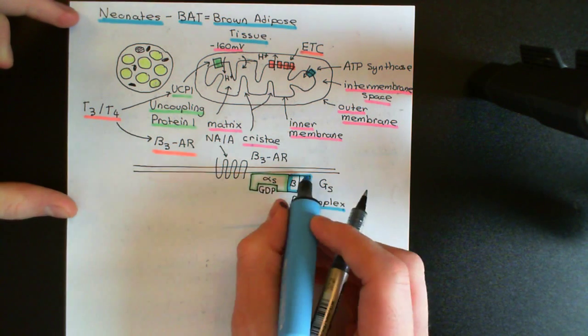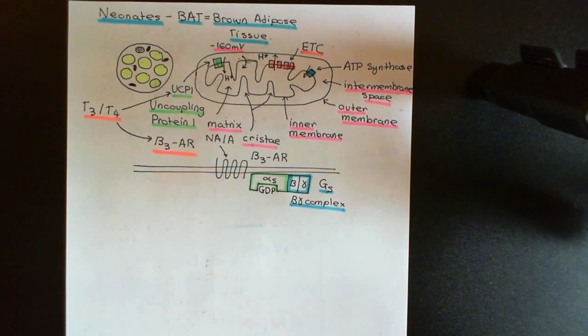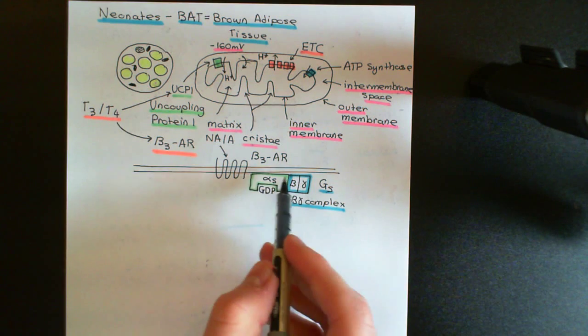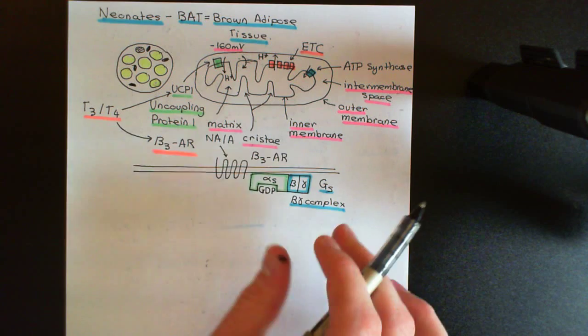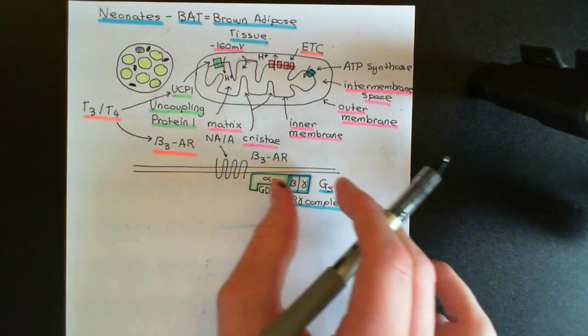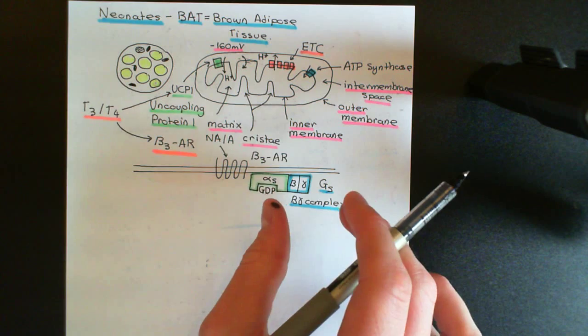But at the moment, it's in the off state, so the alpha S subunit has GDP bound to it, and in this state wants to bind to the beta-gamma complex. The whole thing is attached to the underside of the cell membrane. So we've got GS heterotrimeric G proteins floating around, attached to the underside of the cell membrane, not doing anything.